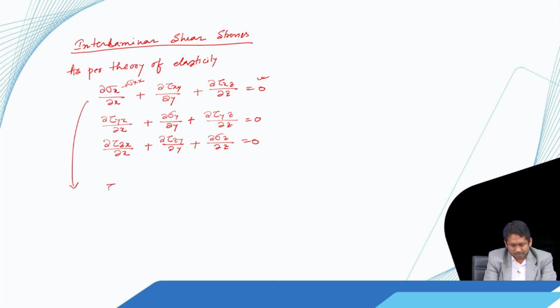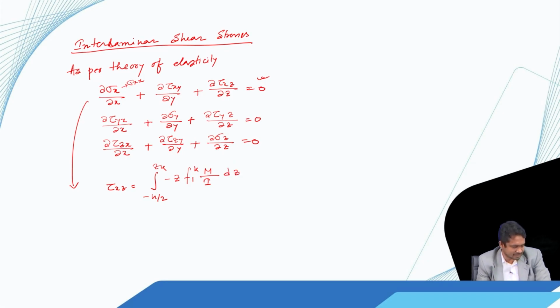So, tau xz can be found out as minus the integral from minus h by 2 to z k of z into f1 k by m by I, del and dz.